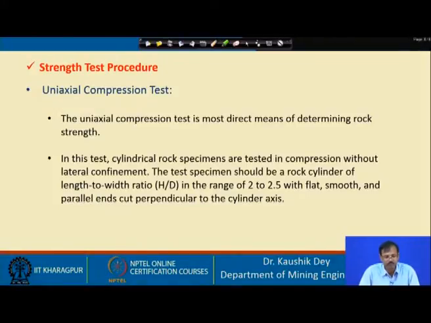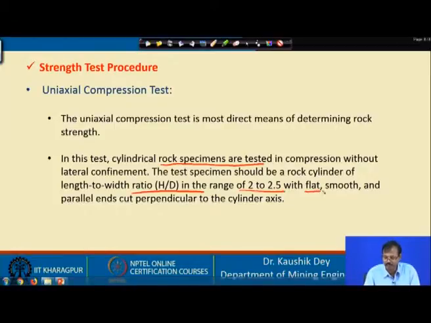Let us now see what the uniaxial compressive test is. Uniaxial compressive test is the direct measurement of the rock compressive strength. In this test, cylindrical rock specimens are tested with an L by D ratio of 2 to 2.5.